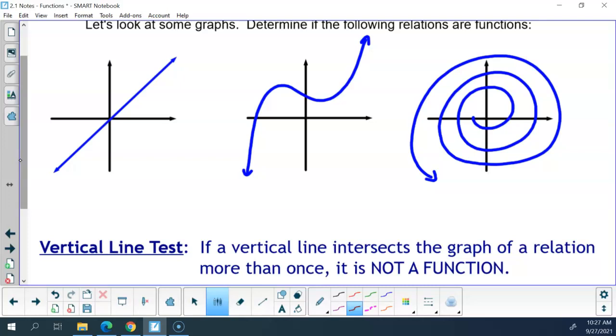Okay? Now, give me some examples of vertical lines that you can use to do this vertical line test. You can use your pencil, a ruler, your hair, a piece of paper, a pen. What do you have, Rick? Your ID. My foot. Your foot, your hand. Can you use your hand? I guess.